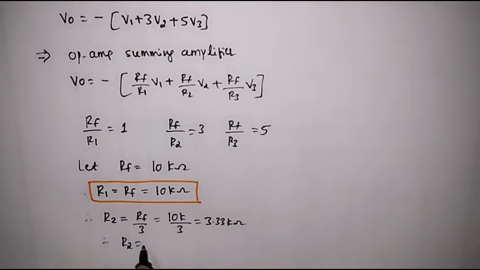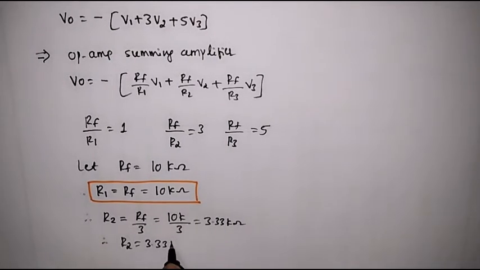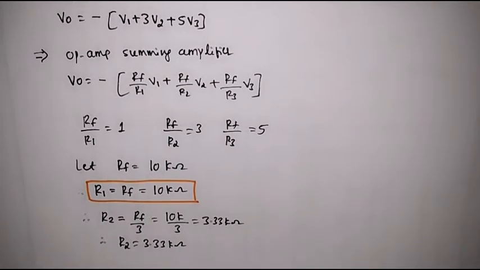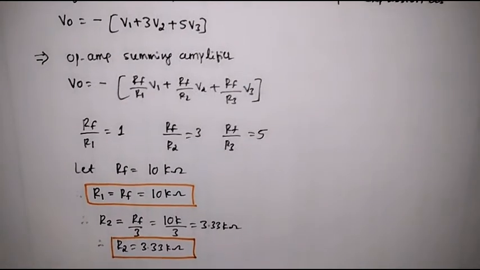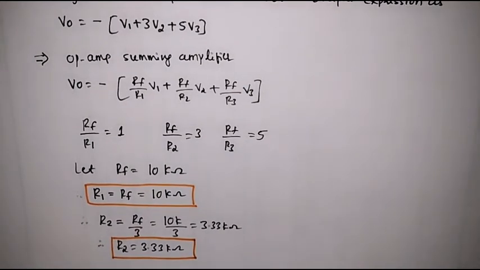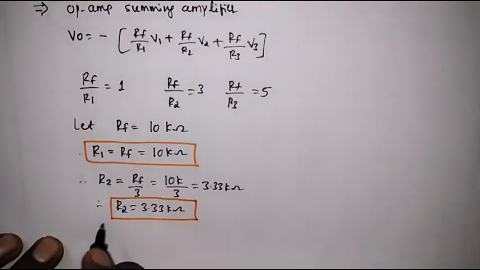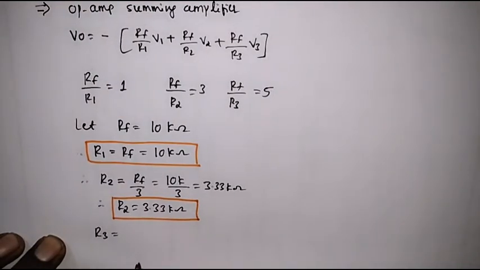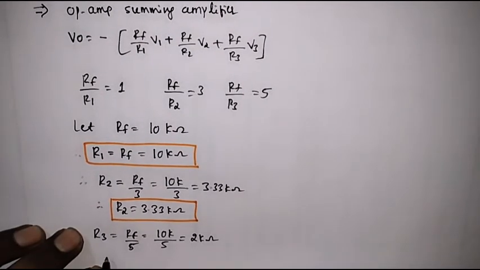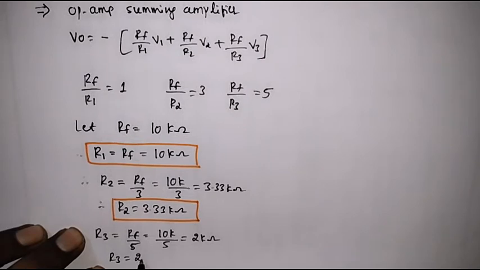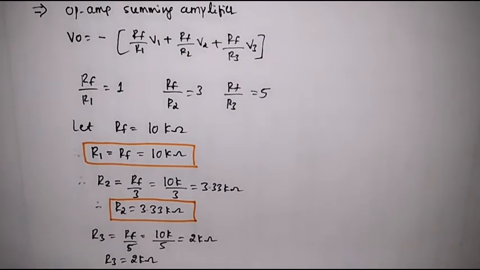Therefore, R2 is equal to 3.33 kilo ohm. So finally we have RF by R3 is equal to 5. Here I can say R3 is equal to RF by 5, which is equal to 10 kilo ohm divided by 5, which is equal to 2 kilo ohm. So therefore R3 value is equal to 2 kilo ohm.